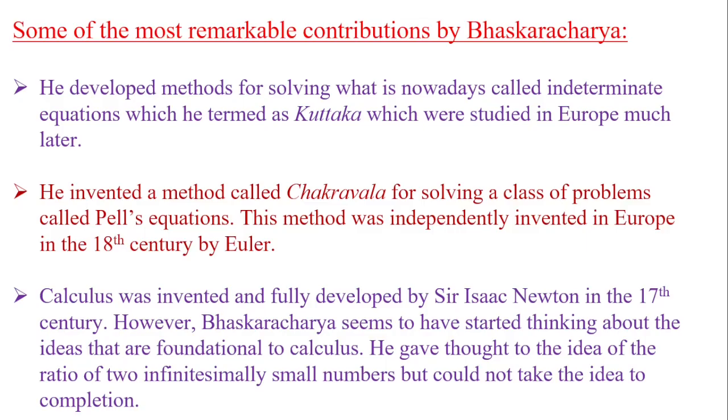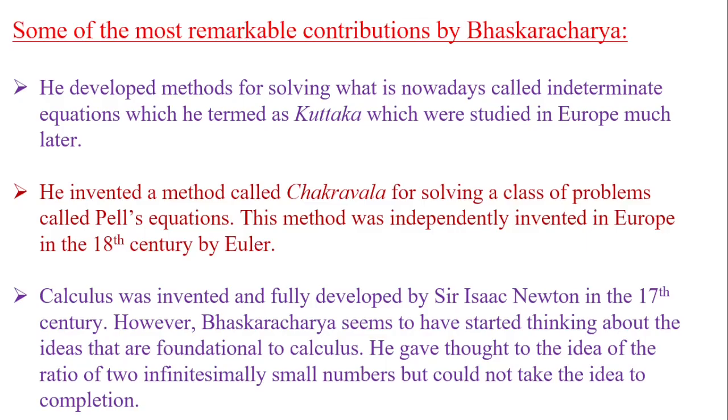Calculus was invented and fully developed by Sir Isaac Newton in the 17th century, but Bhaskaracharya had already thought about the foundational ideas of calculus. He talked about the ratio of two infinitesimally small quantities, and that is nothing but the foundational idea of calculus.